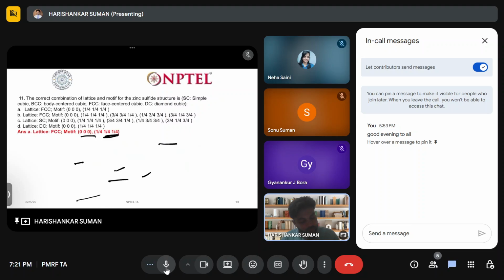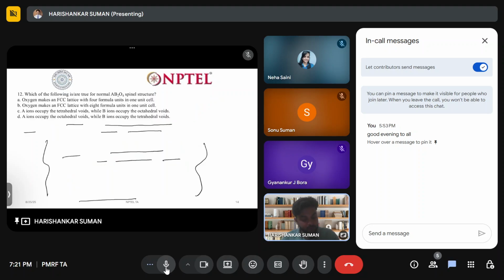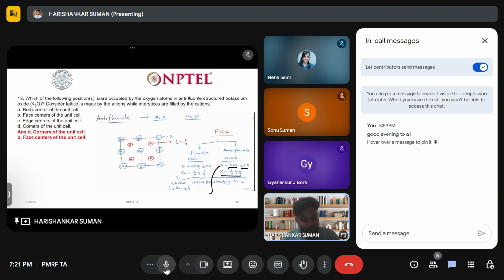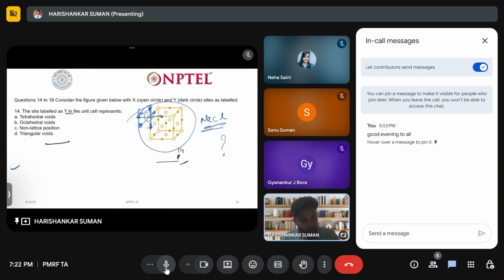So this is again the ZnS structure, FCC, and this kind of structure. Also we have tetrahedral and octahedral voids for this type of structure.